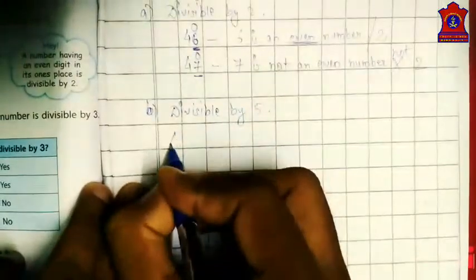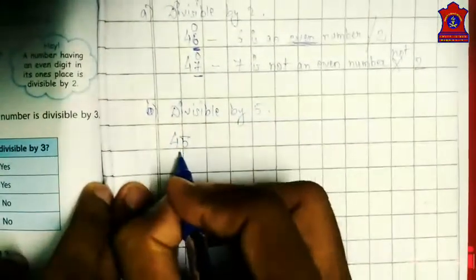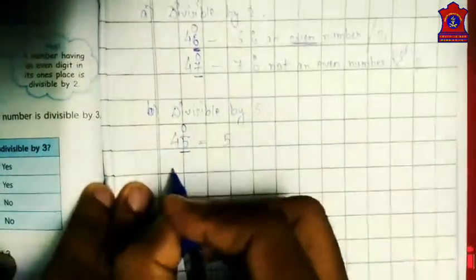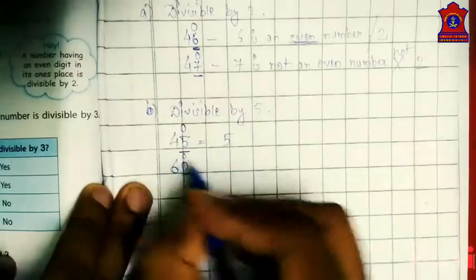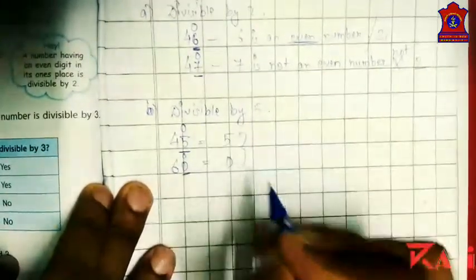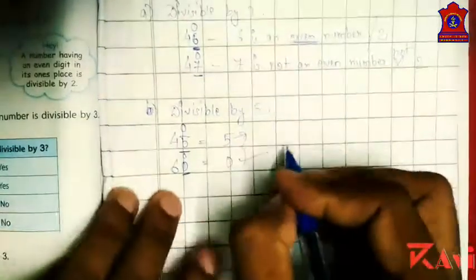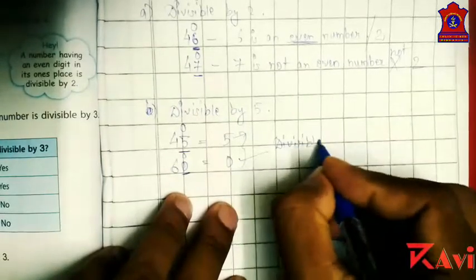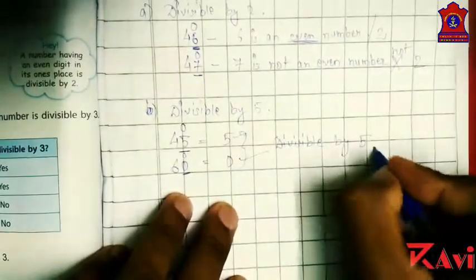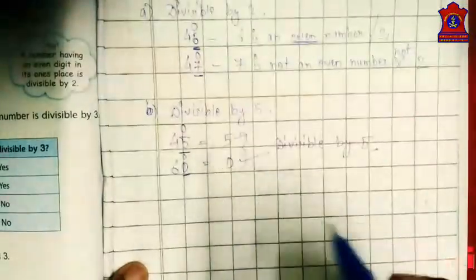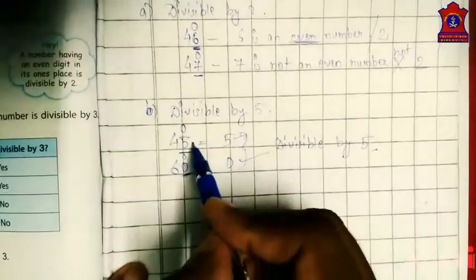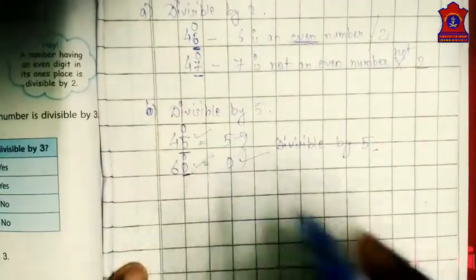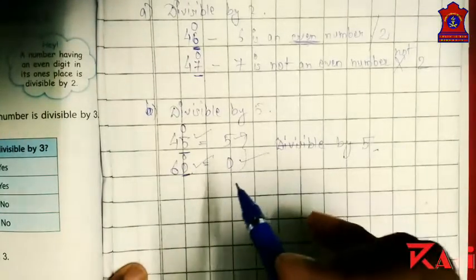Say for example 45. Look at what is there at ones place. 5. Here 60. What is there at ones place? 0. So here in both the numbers we have got 5 and 0. So both are divisible by 5. Clear? So the very easy thing is what? You have to look at what is there at ones place. If you find 5 or 0 at ones place, that number is exactly divisible by 5.